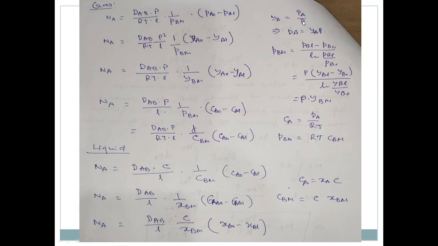YA equal to PA by P, or PA equal to YA into P. So PA equal to YA into P, so YA0 minus YAL, and one P will be there, that will come here, that's why it is coming P squared by L. And what will be PBM?